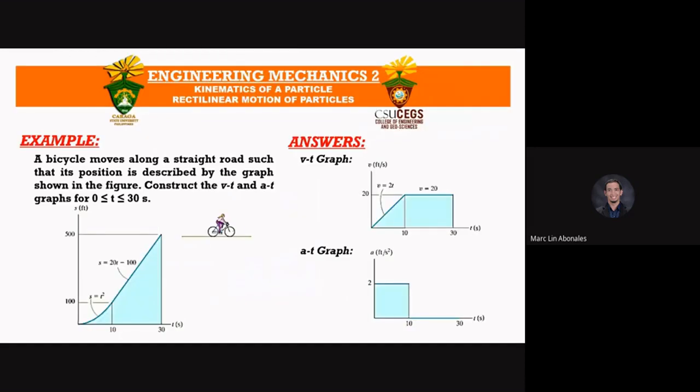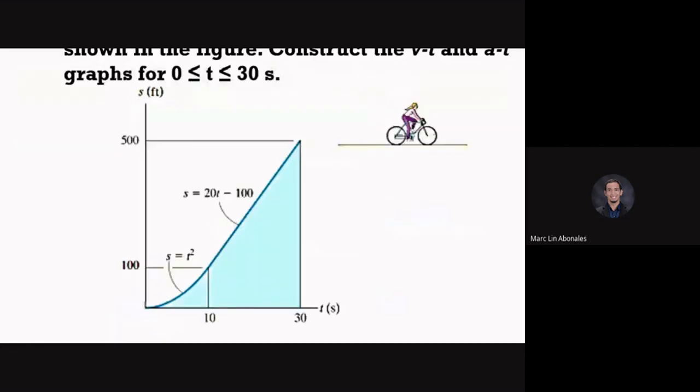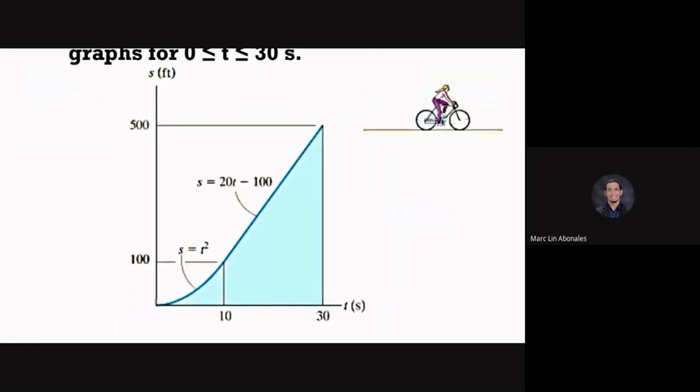A bicycle moves along a straight road such that its position is described by the graph shown in the figure below. So this is your graph, and the kind of graph this is, is ST. This is ST, so we can construct first VT, then afterwards AT.